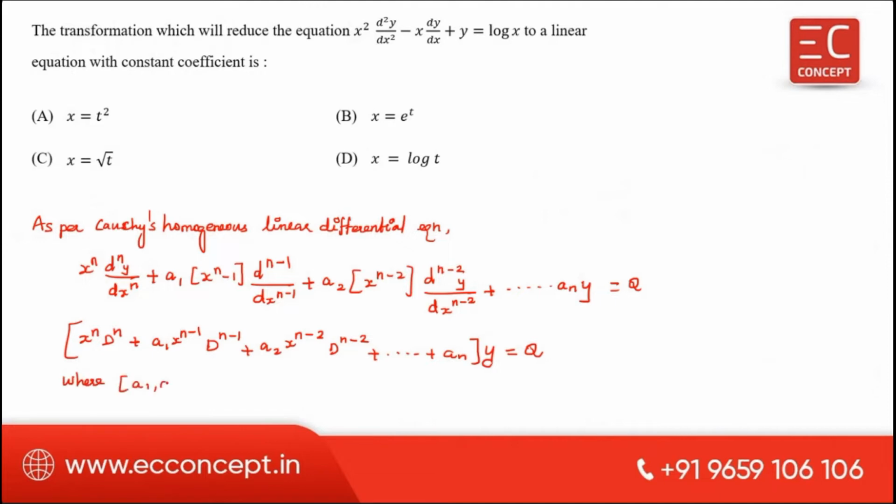a1, a2, a3, etc., an are the constants, and q is a function of x alone. Q is the function of x alone.